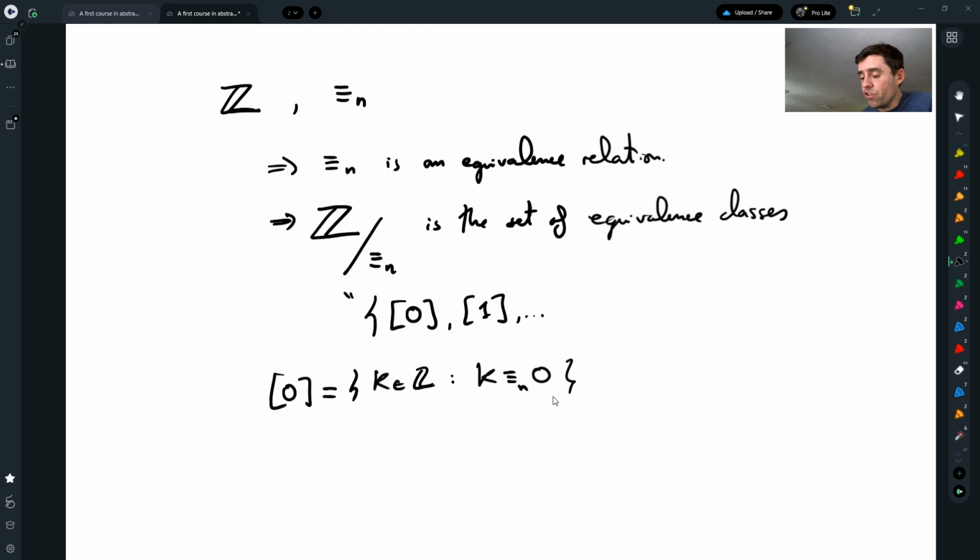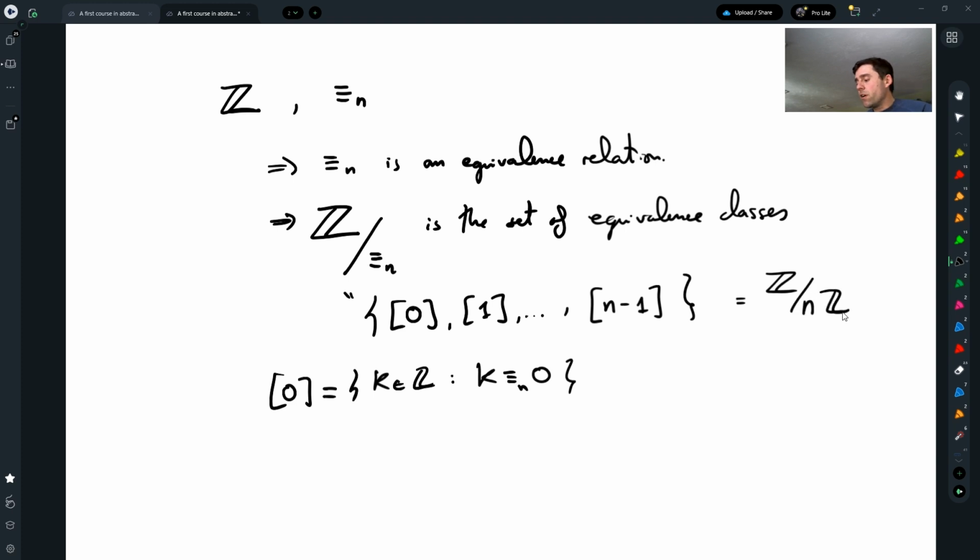And it turns out that you can prove, like before, that these equivalence classes are precisely the classes of 0, 1, up to n minus 1, and that is also what we call Z modulo nZ.